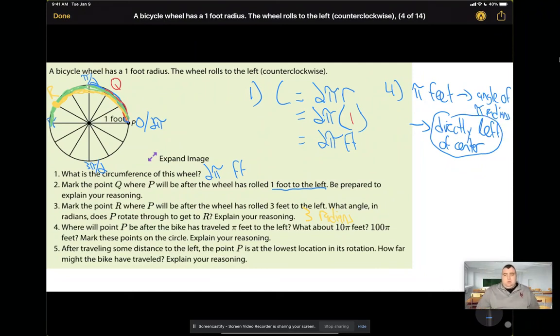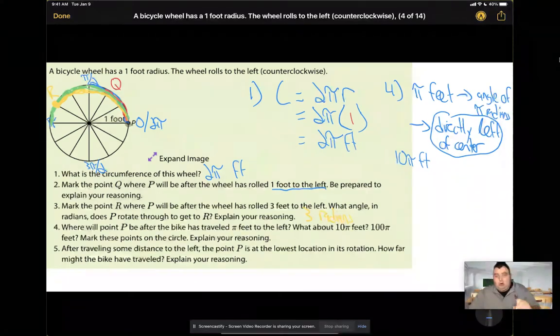Okay. What about 10 pi feet? This one's a little trickier. Pi feet would be left of center. 2 pi feet would be directly to the right of center. That would mean going around the circle one whole time, so the wheel has done one complete revolution.